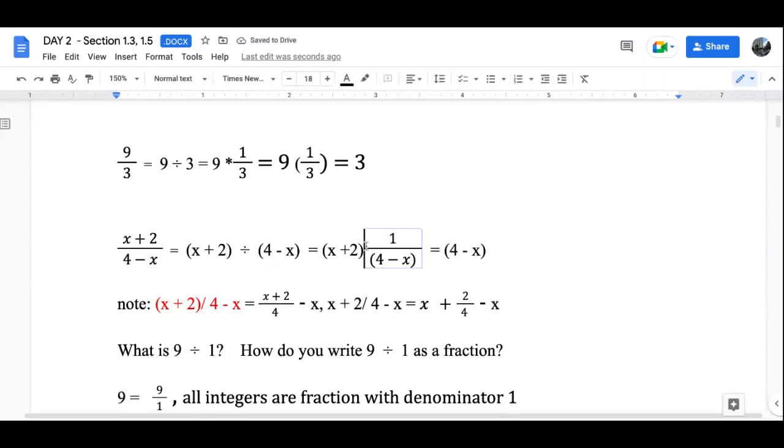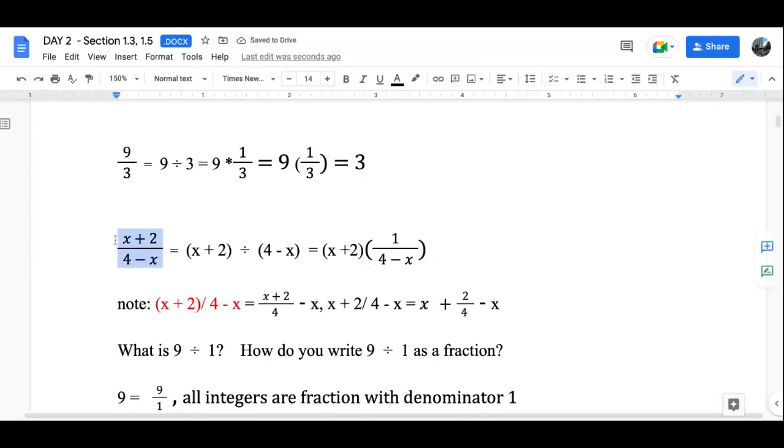We can write the numerator on the side. I can put the parentheses over there. So this one equals this one. Super important.